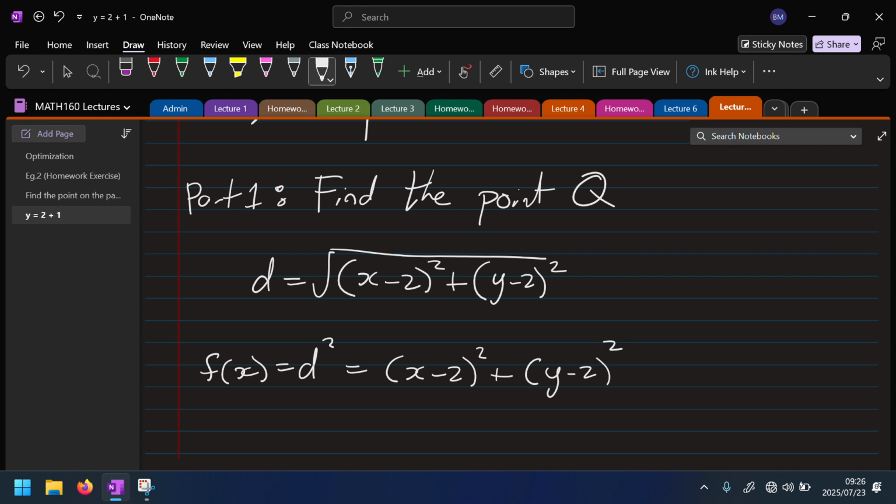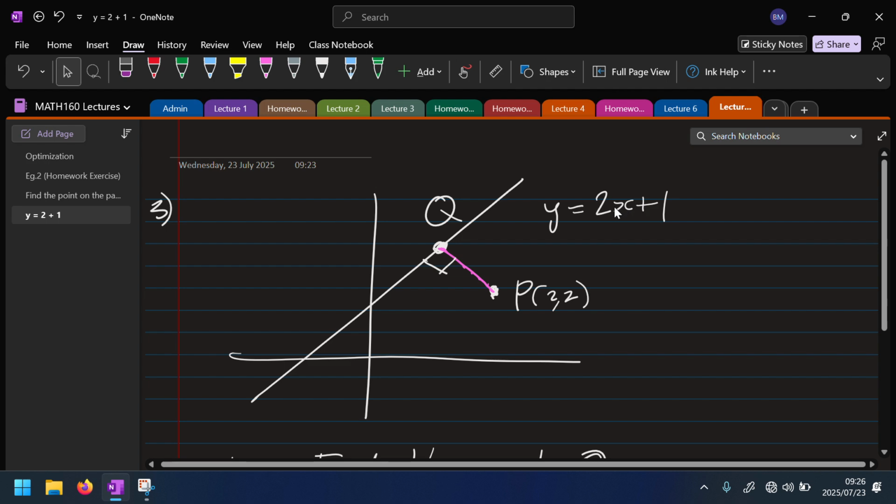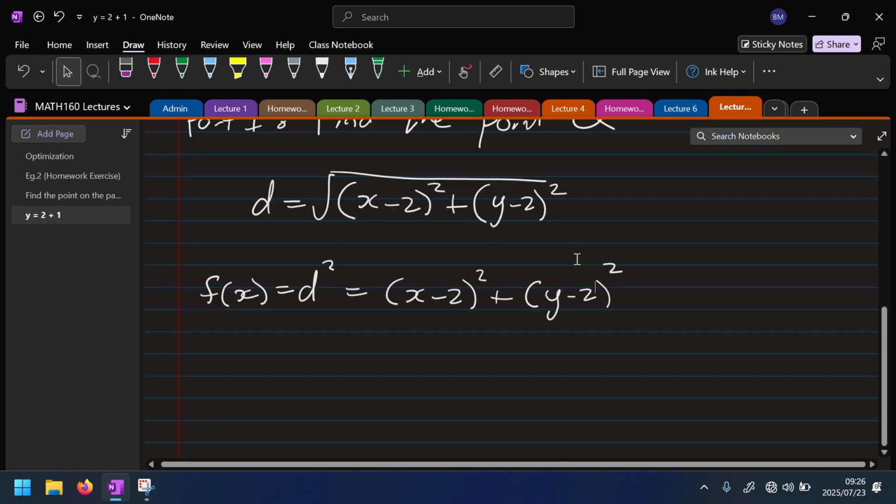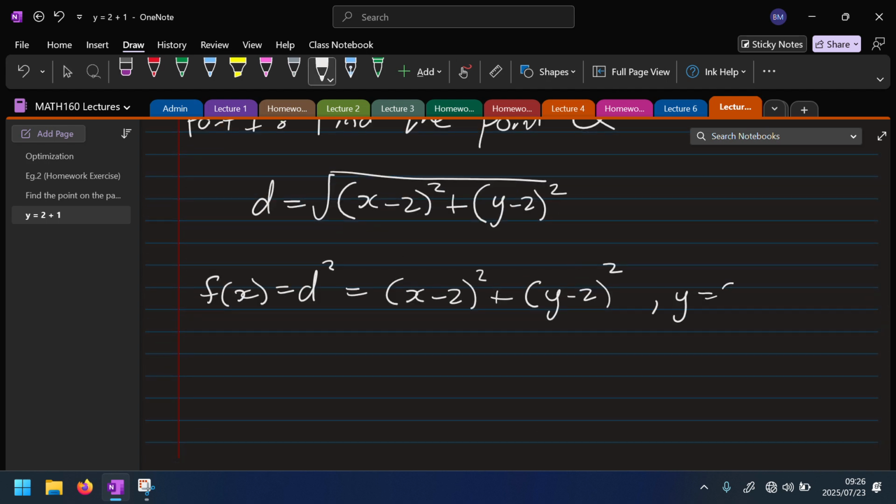Again, we've got this issue of f having 2 variables. We want a single variable, so that y over there, we need to replace it with this 2x plus 1. So that's going to be (x minus 2) squared, and then the y, that will be 2x plus 1 from the line.